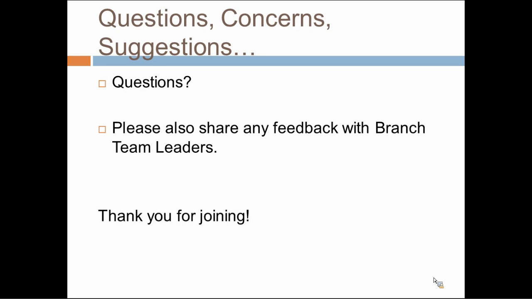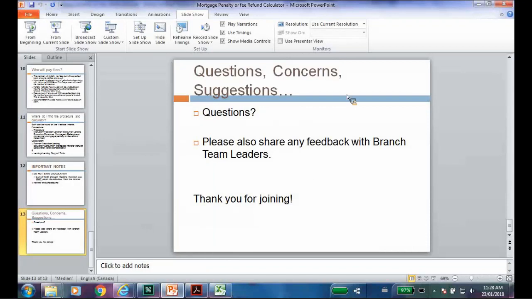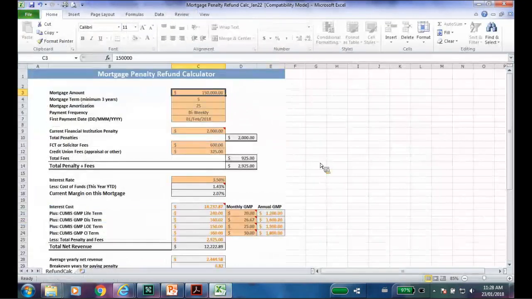At the moment, the way the calculator is, it's going to take a big mortgage to refund the fee. For the most part, you probably won't see a lot of penalty refunds, just because of the 3 months that's calculated in there. So if you have a very large penalty, it's going to take a very large mortgage to refund that as well. Like we can enter a scenario if you want to play a little bit.